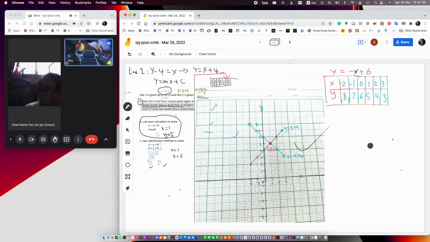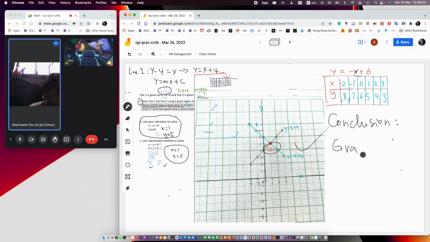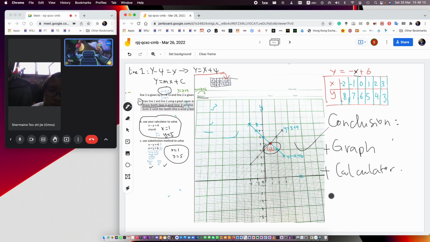What's your conclusion here? What's your conclusion for this question? Hello, what's the conclusion? Graph, calculator, and then substitution method.